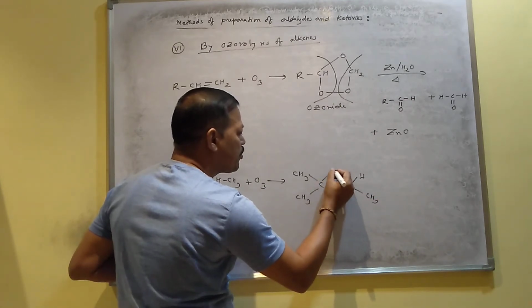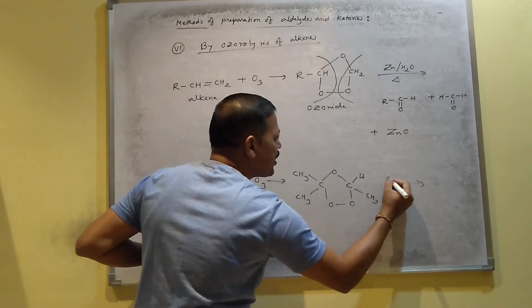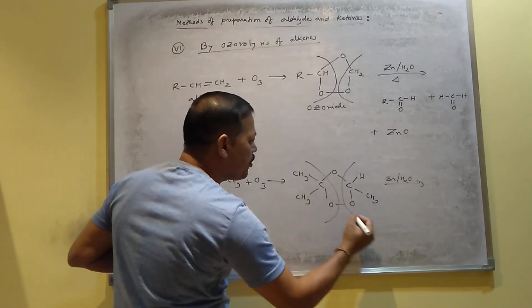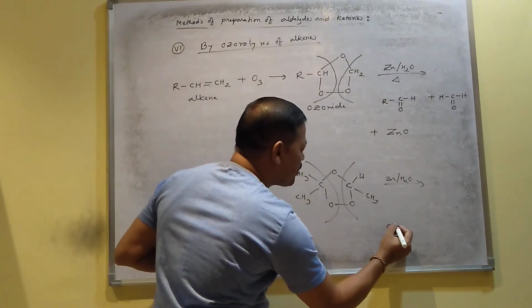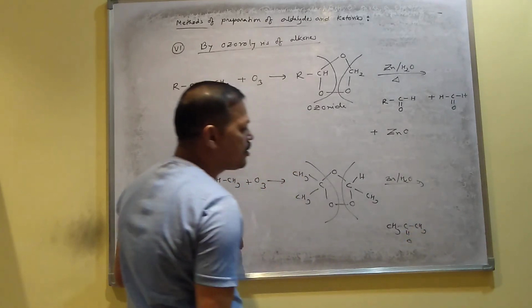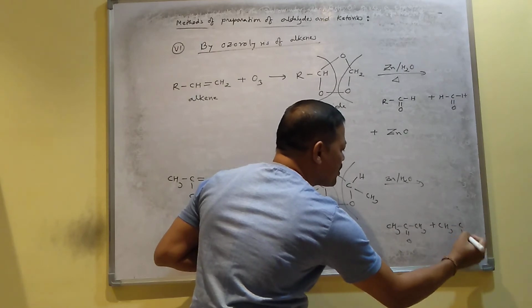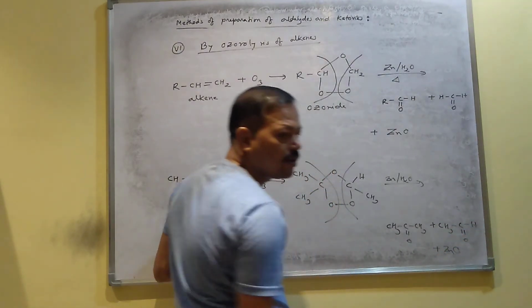At the position of the double bond, 3 oxygen atoms will join like this. When you apply zinc and water, this part will break like this, and the single bond is converted to double bond. Ultimately you will get CH3, C double bond O, CH3, one ketone, and this one you will get CH3CHO, and the side product zinc oxide.